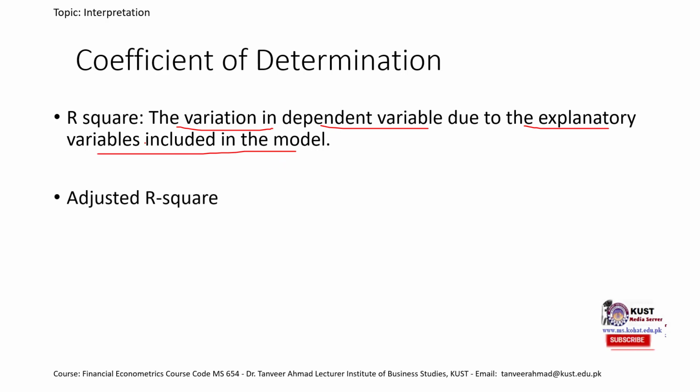Now one variation of r square is adjusted r square. One problem with r square is that, as in the previous example, we just had one explanatory variable, one independent variable, and we like to keep only one independent variable when we are discussing these concepts, just for the sake of simplicity. But in the real world, there won't be one variable explaining the concept.